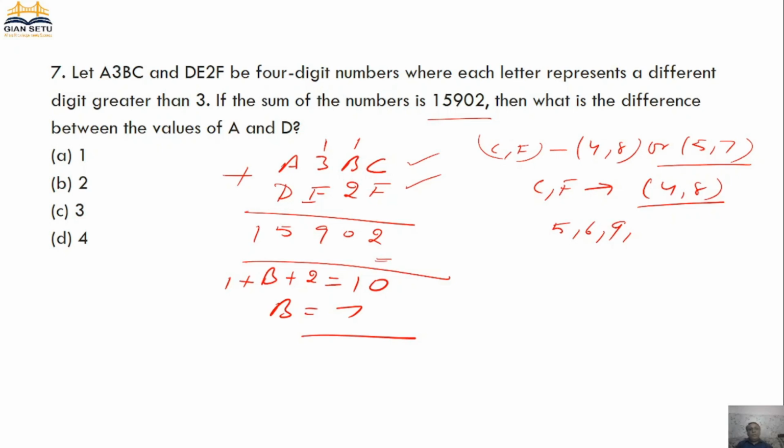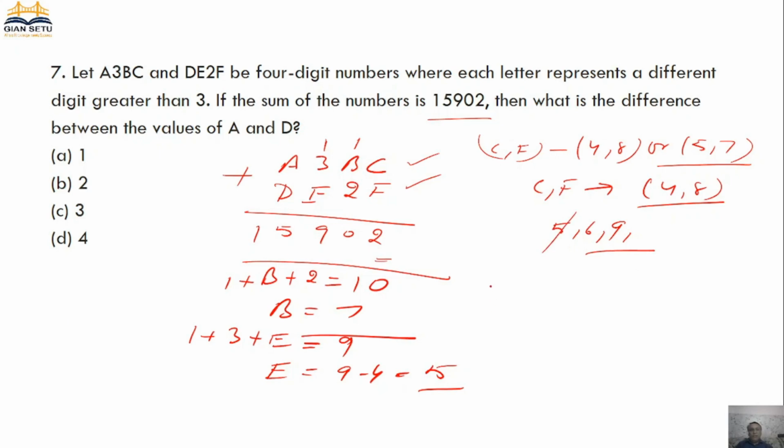Now next is 1 plus 3 plus E is equal to 9. Right. Now E is equal to 9 minus 4, which gives us 5. Right. Now we have also used 5. We are left with 6 and 9.